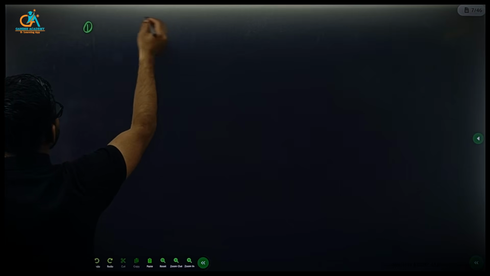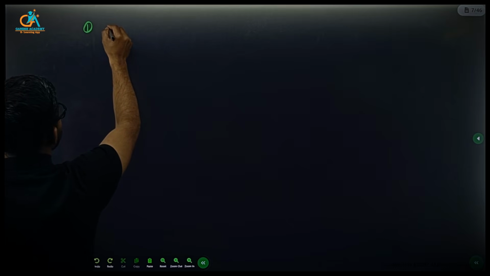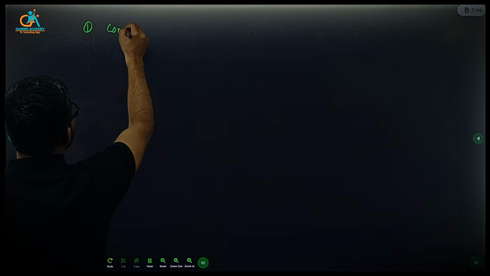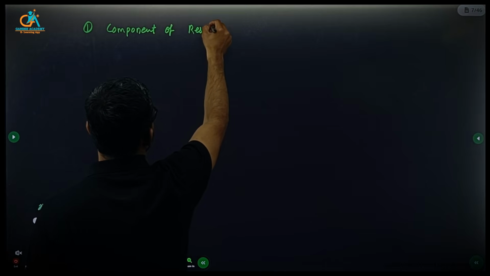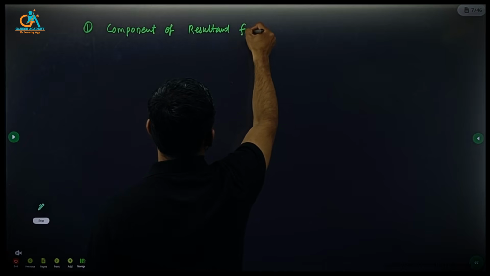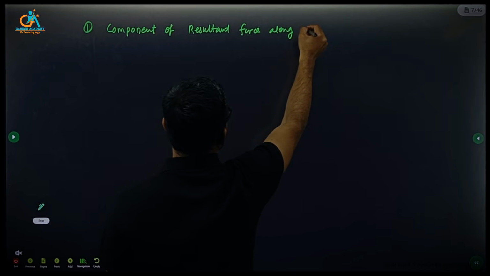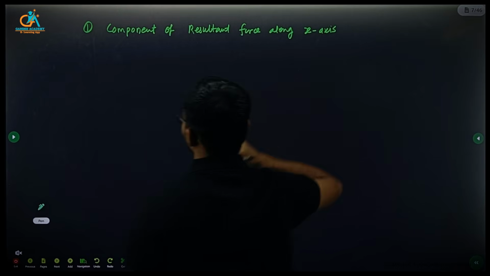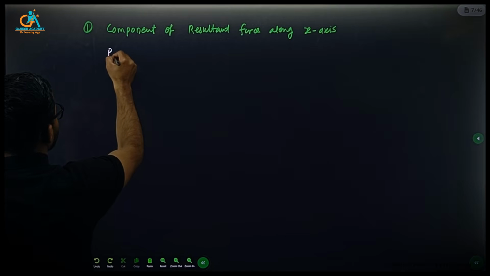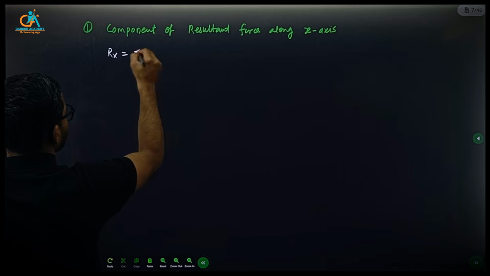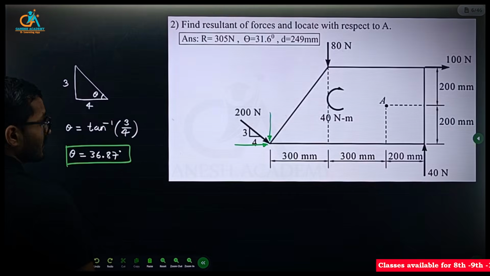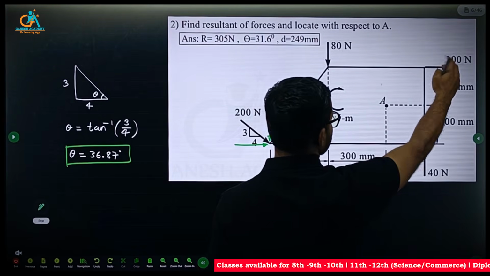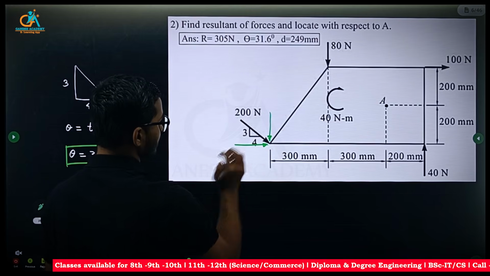So here we resolve the forces and we can find the x component of the resultant, or component of the resultant along the x axis. Okay, so Rx is equal to the algebraic sum of x component of all the forces. We have this horizontal force 100 Newton and the component of this force.